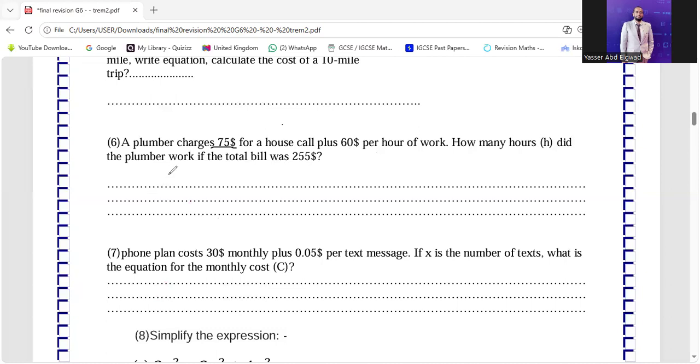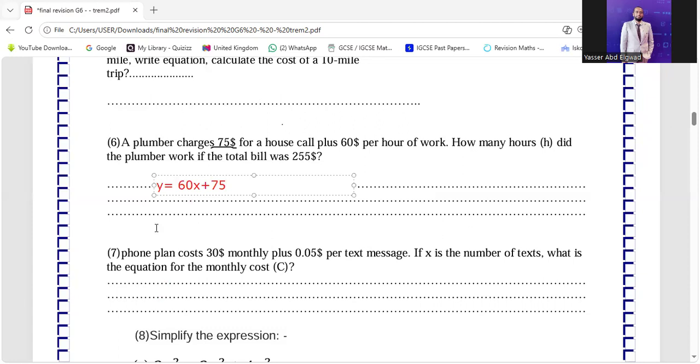So here is the equation, as we said before in the previous one. Here is y, the cost as you like, y equals 60x, here x is the hours, plus 75, the fixed fee.